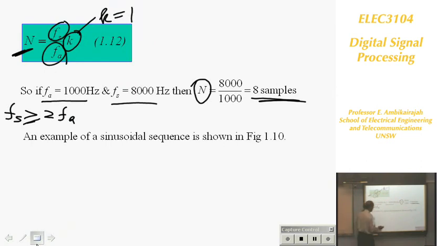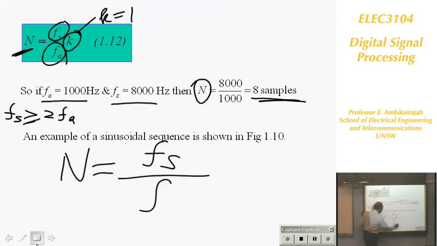If you are asked to find the period, if you have an analog signal and you sample at a particular interval, what would be the period in terms of number of samples? The period n is equal to the sampling frequency divided by the analog frequency, and it will tell you the period. So take the next part.